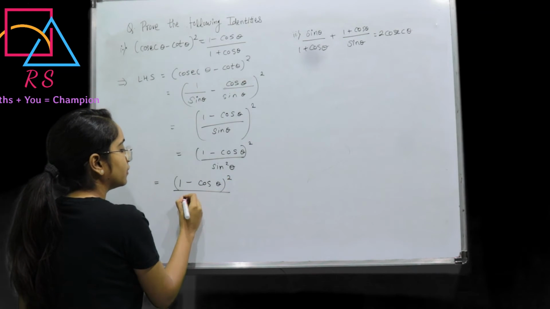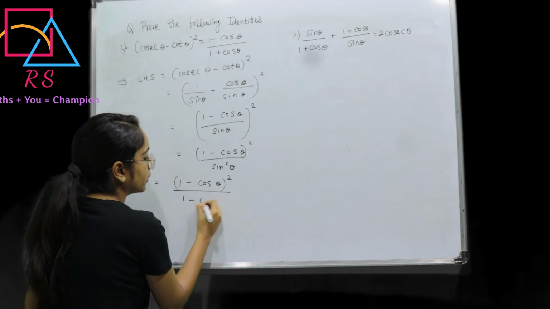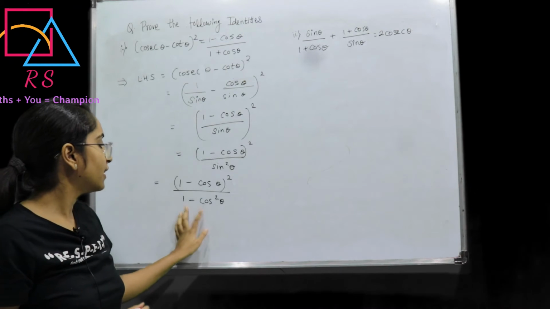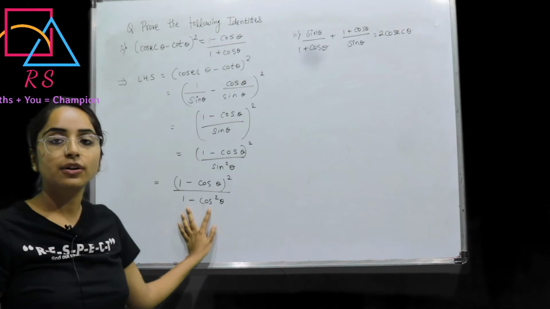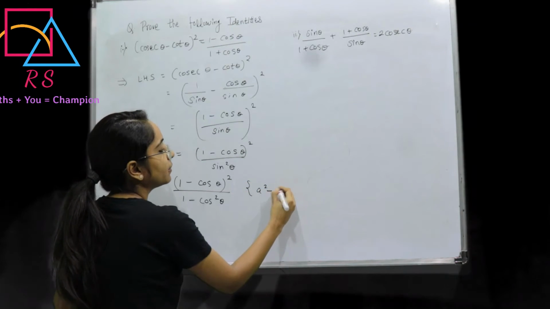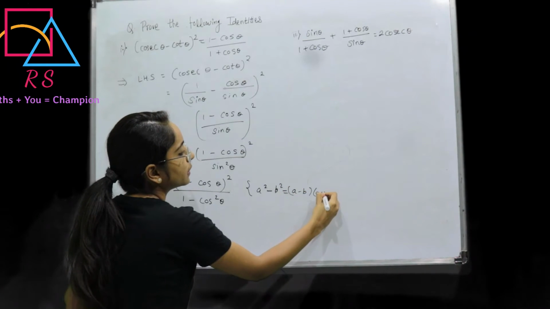I will get sin square theta as 1 minus cos square theta. Further, you can see that it is in the form of a square minus b square. So a square minus b square has the formula a minus b and a plus b.